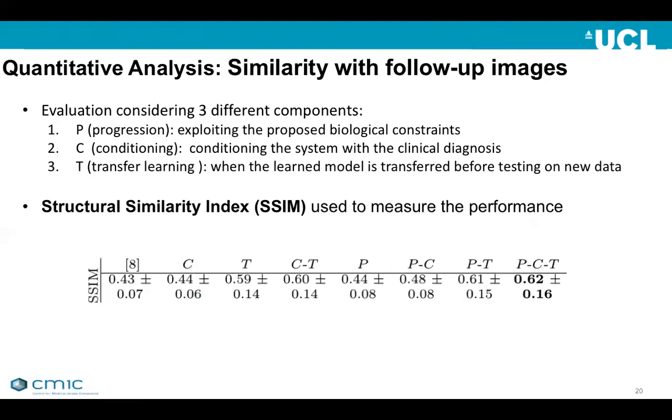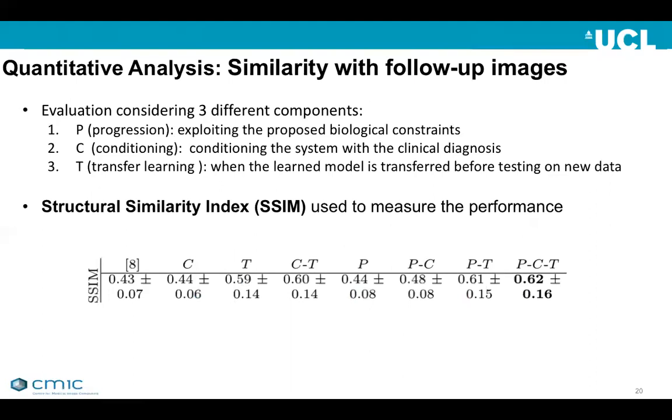The performance is measured using the structural similarity index, and the idea is to measure the similarity between the simulated images and the real ground truth that we have in ADNI. As you can see from the table, the pipeline that considers all 3 components enabled is the one that provides the highest contribution.